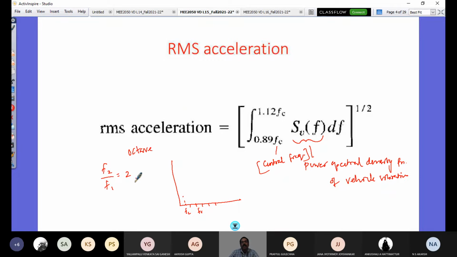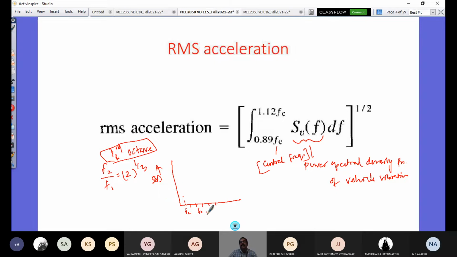And if that ratio is the cube root of 2, then it is called a 1/3 octave. 1/3 octave bands are generally used to have a wider frequency excitation, and then you would express your Sv(f), this power spectral density function of vehicle or of the road profile, as a function of bands.